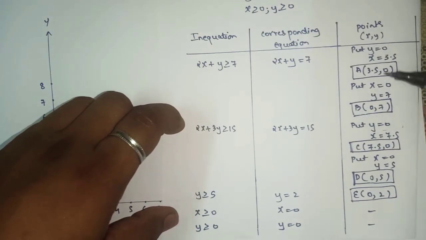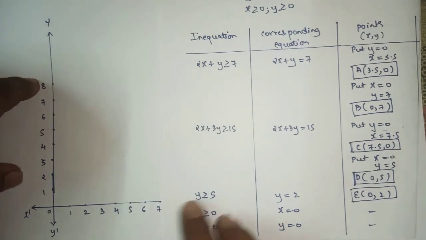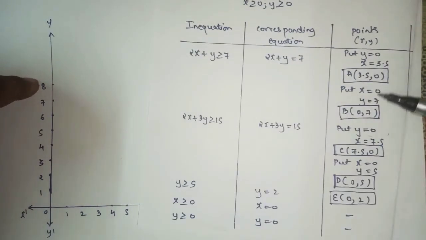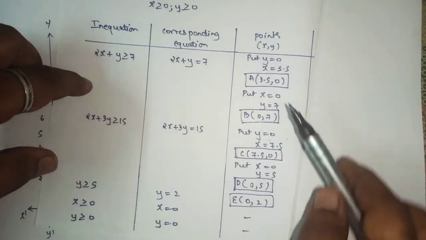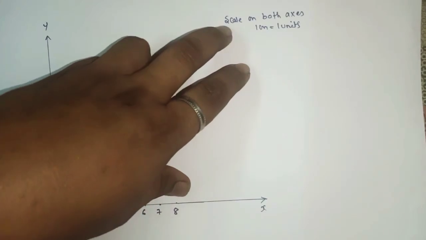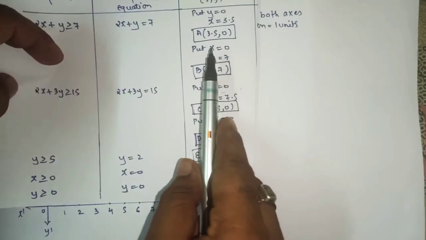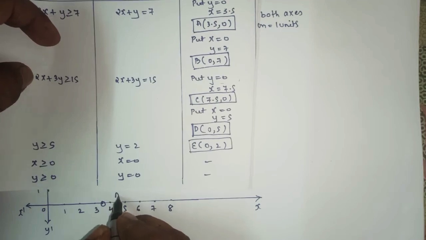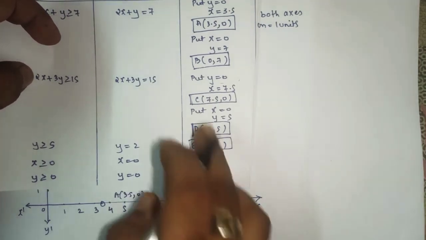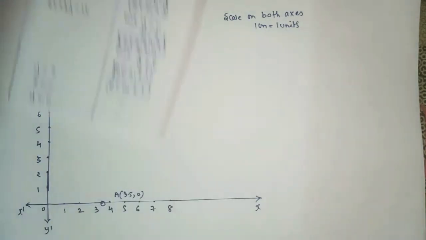Clearly we can see that the greater value of x is 7.5, so till 8 we will take on the x-axis, and for y the highest value is 7, so on y also we will take till 8. As here we have single digit numbers, we will take the scale on both the axes as 1 centimeter equals 1 unit. So the first point is 3.5, it lies here. We'll give this as 3.5 comma 0. The next is B, 0 comma 7.